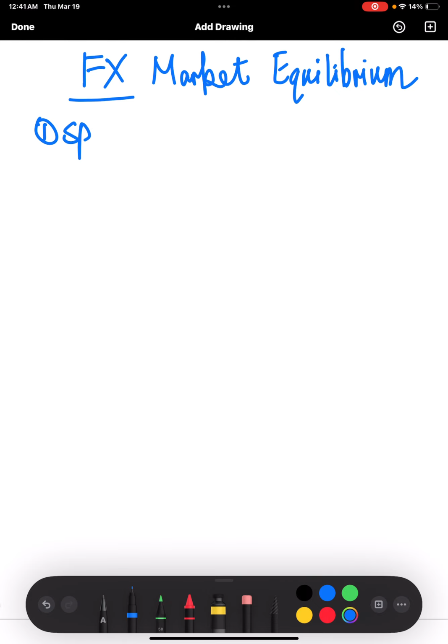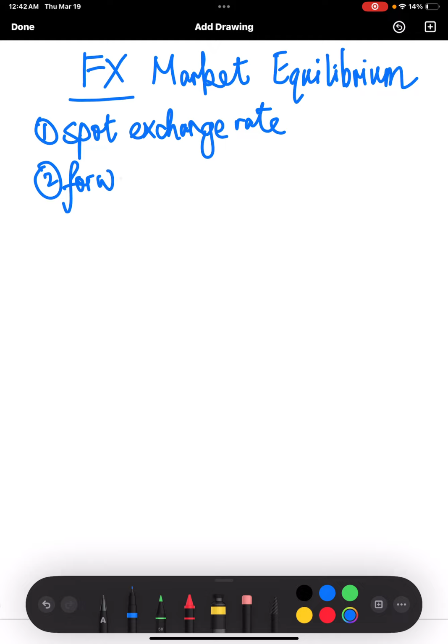So there's the spot exchange rate, which is basically that you agree to exchange between two currencies at the spot today. And then there's another one, which is the forward exchange rate, which would happen sometime in the future that you agree today. And then so these are the two types of exchange rates.